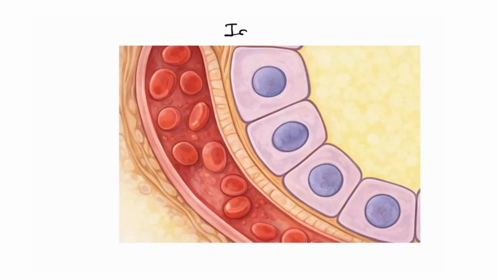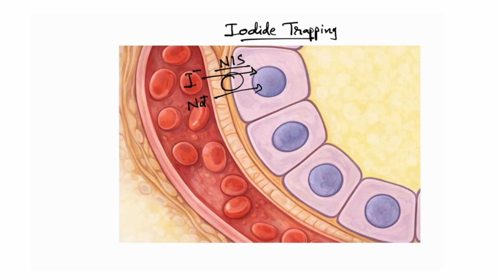Step 1: Iodide trapping. Now, iodide comes from blood. Iodide enters the follicular cell from the capillary via the sodium iodide symporter, also called NIS. This is secondary active transport driven by the sodium gradient. The sodium gradient is maintained by sodium potassium ATPase.